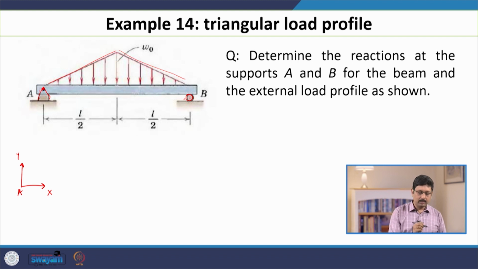The nature of the support determines that in this particular case, the force acting at this point has two components. Let us call them A x and A y. Whereas at the end B, the only possible component is B y, and the external forces are given.